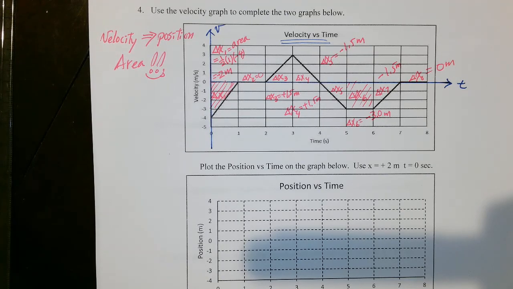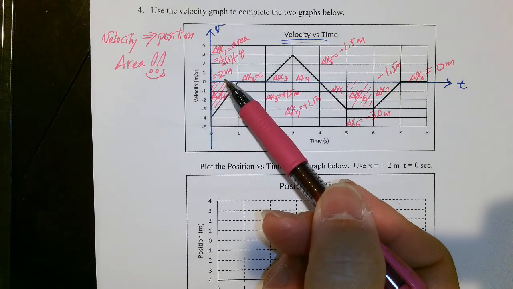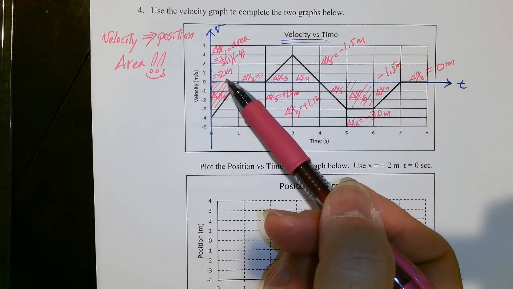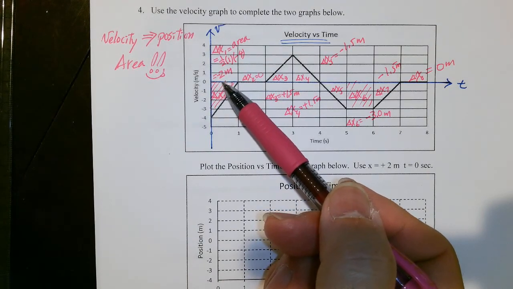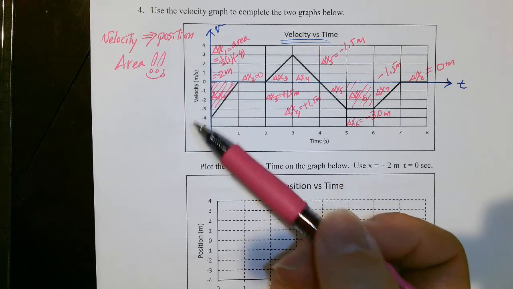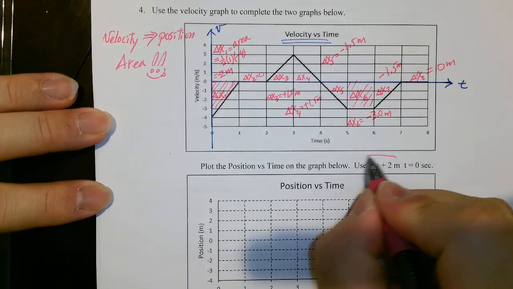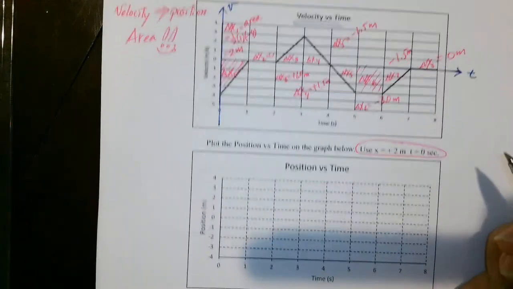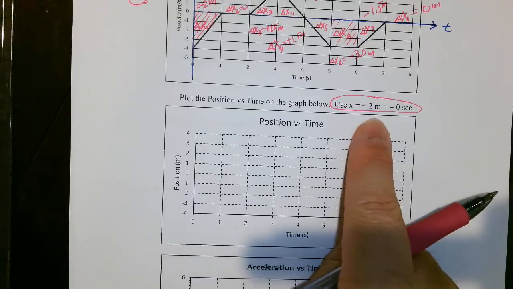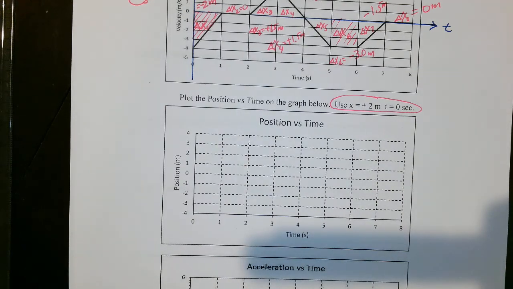Now, we know it changed 2 meters in the negative x direction from 0 to 1 second. But we have to know our starting point, or the starting point is the important part to start. If we don't know where to start, we can't really do this. If this wasn't given, I guess you could assume it starts from 0.